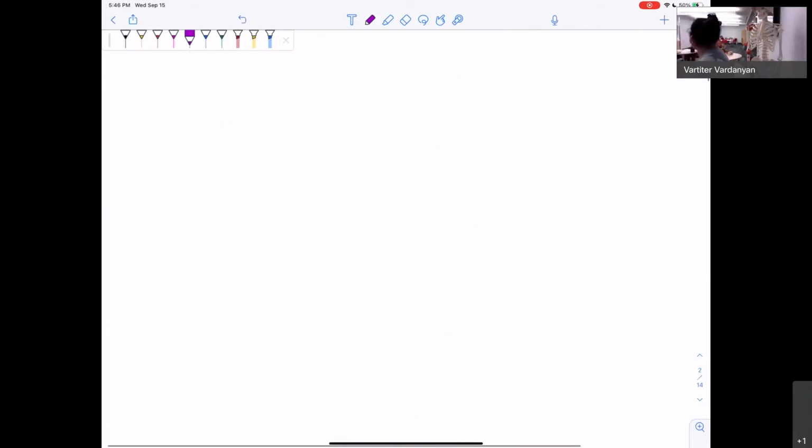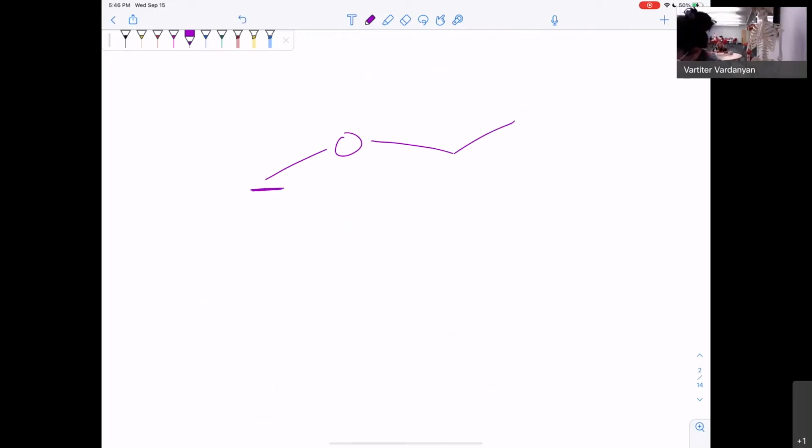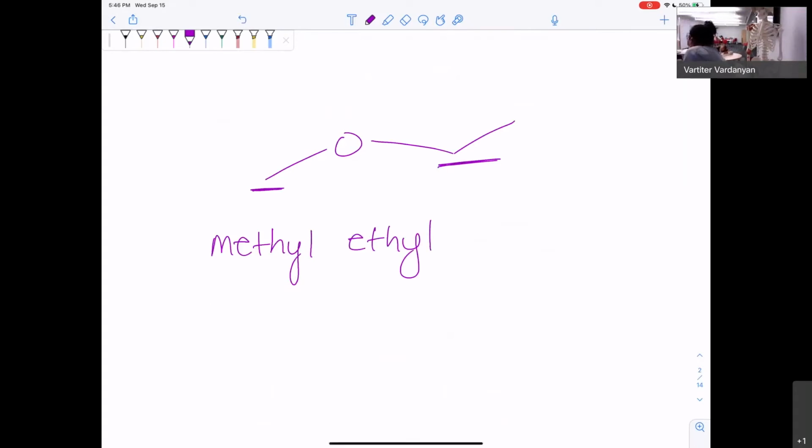Okay, so if we have an ether and the ether is the parent, like that's the only thing that exists in that molecule, for example, like this, we're literally just going to go left to right. Let's say this side is a methyl. This side is an ethyl. What's the functional group? Ether. That's how you name it.